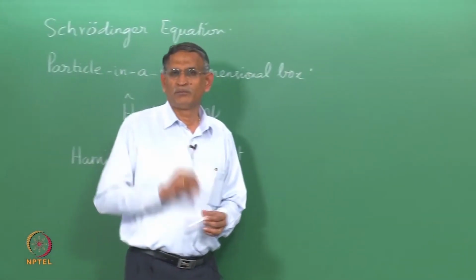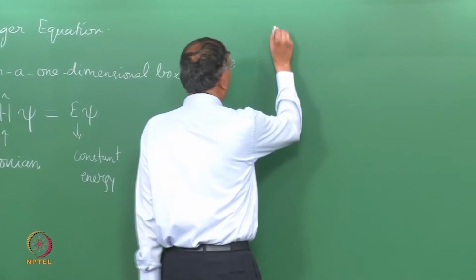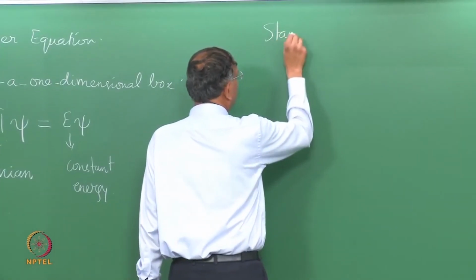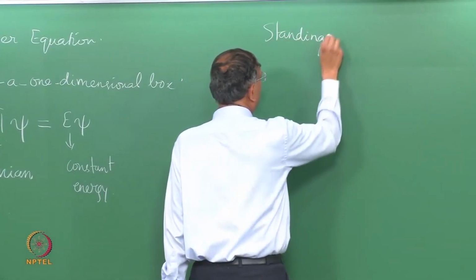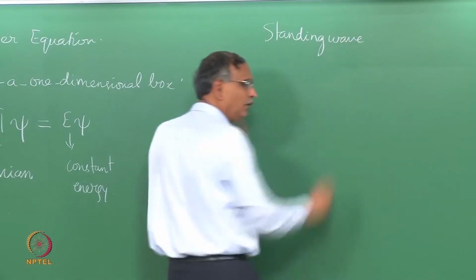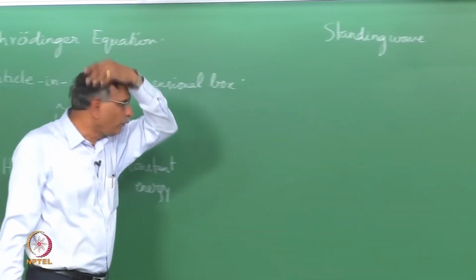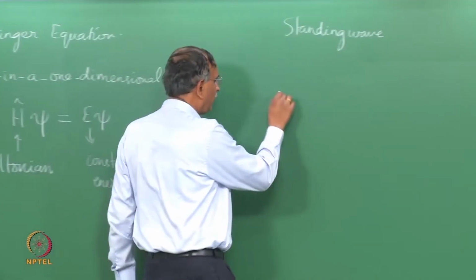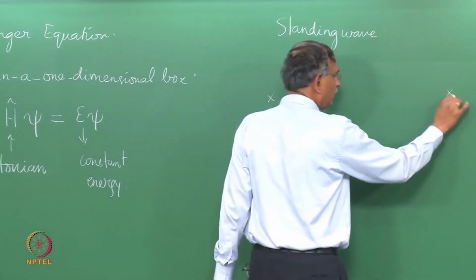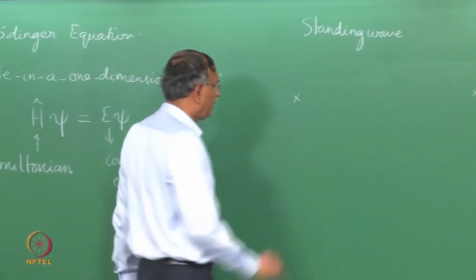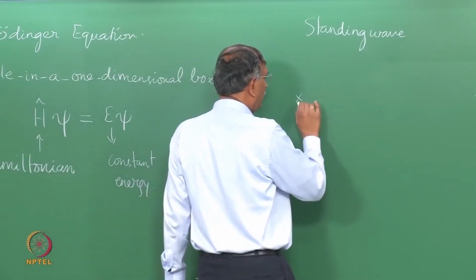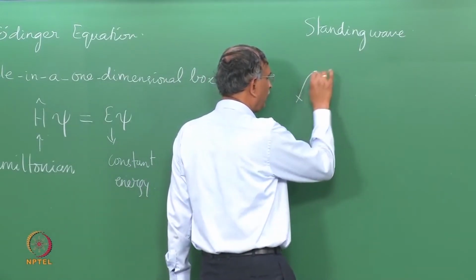We can do a very simple example of a standing wave. You know that a standing wave is something that happens between fixed points, like the wave motion of a particle fixed at the end.